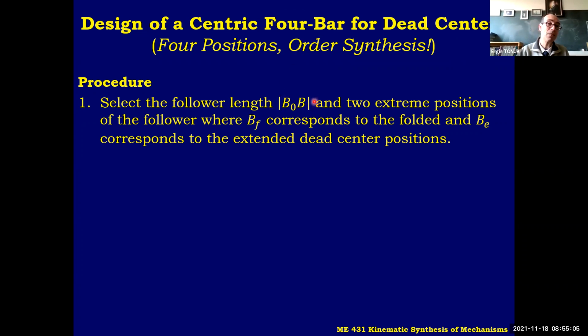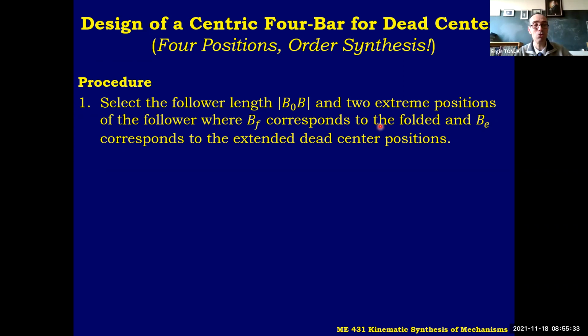While one arbitrary parameter you select is the follower length, just select it, and actually you select one position of the follower, either the folded or the extended dead center, which you like, and the swing angle is given, so the other one is determined from that.